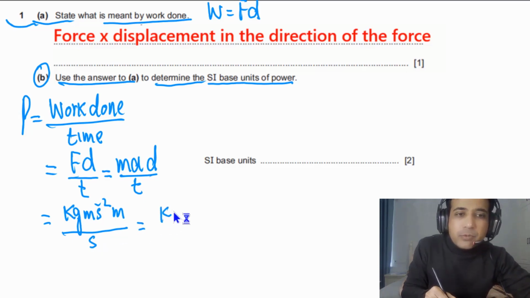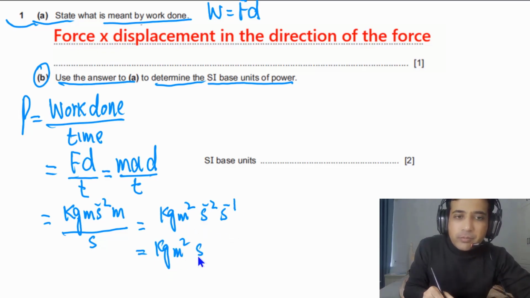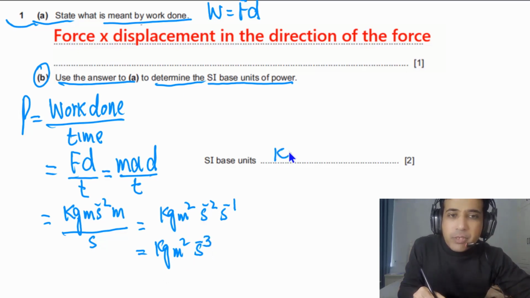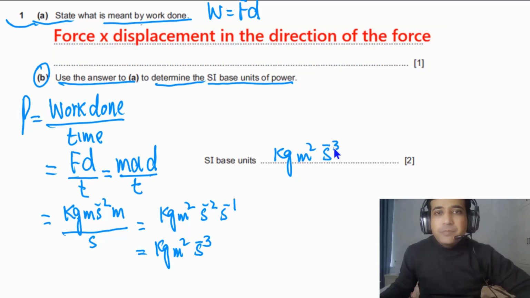So we can write down kg meter squared, with s to the power of -2, and s to the power of -1. So finally we can write down this is kg meter squared, s to the power of -3. So this is the SI base unit for power: kg m squared s to the power of -3. This is how you can derive the SI base unit for power.